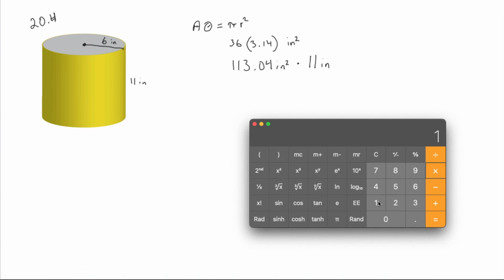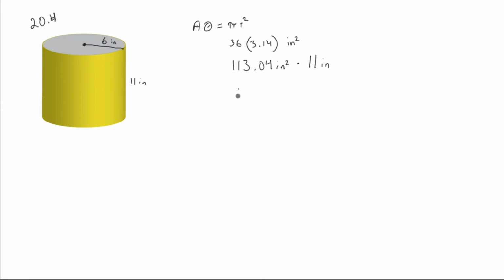So times 11, 1,243.44 inches, and now we have that extra unit of measure, so that's 3 units of measure, so it's cubed. 1243.44 inches cubed. And that's the volume of this cylinder. Who thought that you only needed 3 lines to solve this? That's actually pretty easy, pretty straightforward.